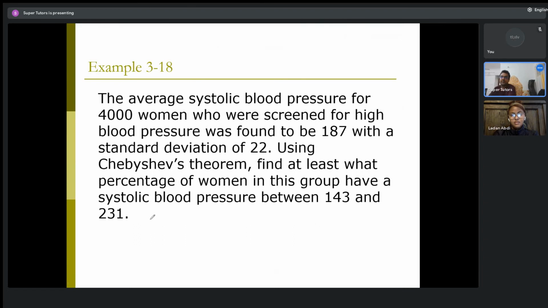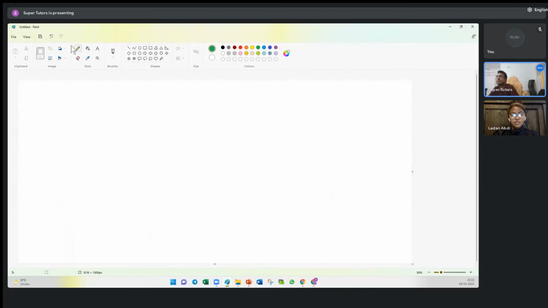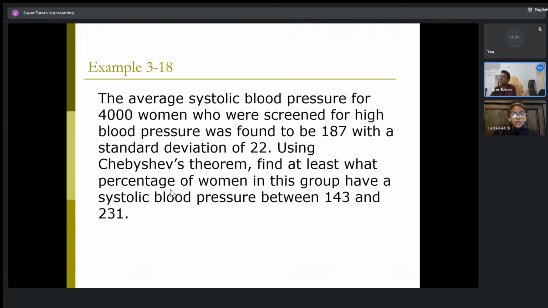So let's see how we do it. What's the mean? If you look at the problem, can you tell me what's the mean? Would it be 4,000? That's the number of women surveyed.